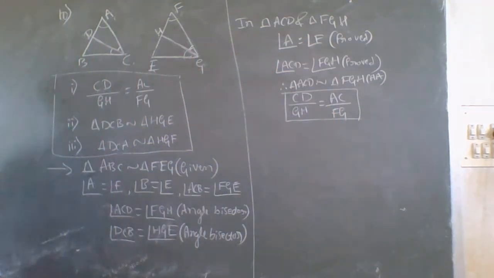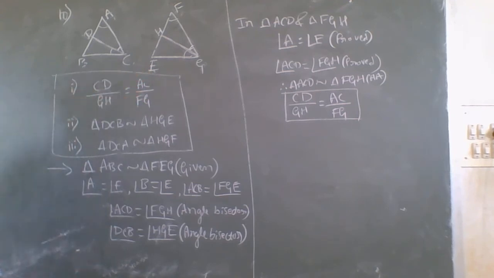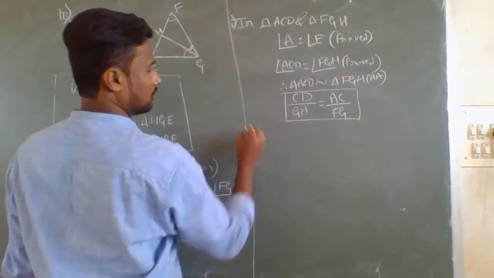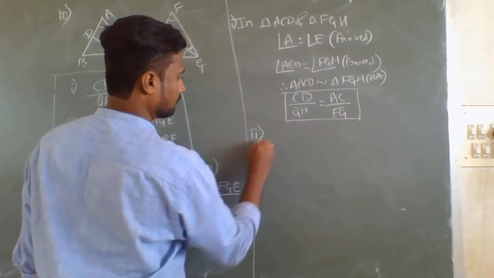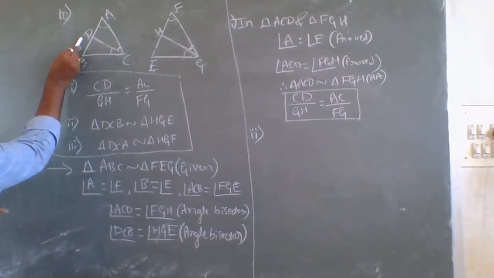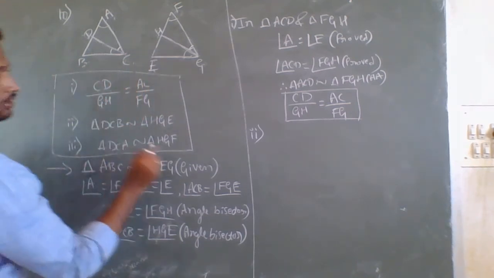Now the second one, triangle DCB is similar to triangle HGE. We have to prove DCB is similar to HGE. Now I will consider triangle DCB and triangle HGE.